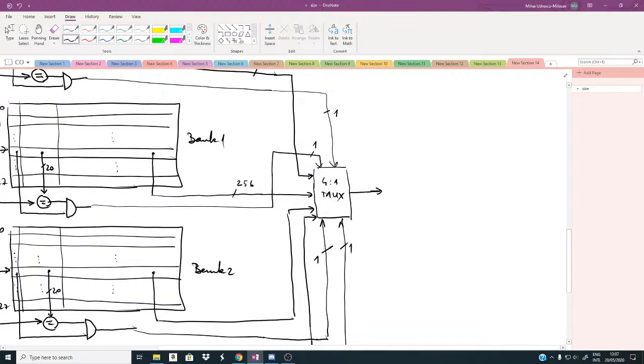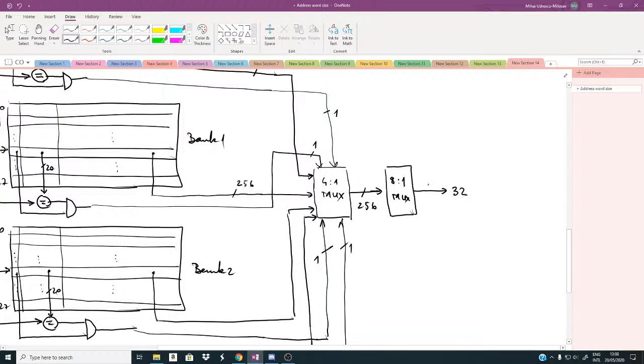It selects the block on 256 bits, the block that corresponds to the selection line where there is a 1, and then you have an 8x1 multiplexer which selects one of the 8 words, right?